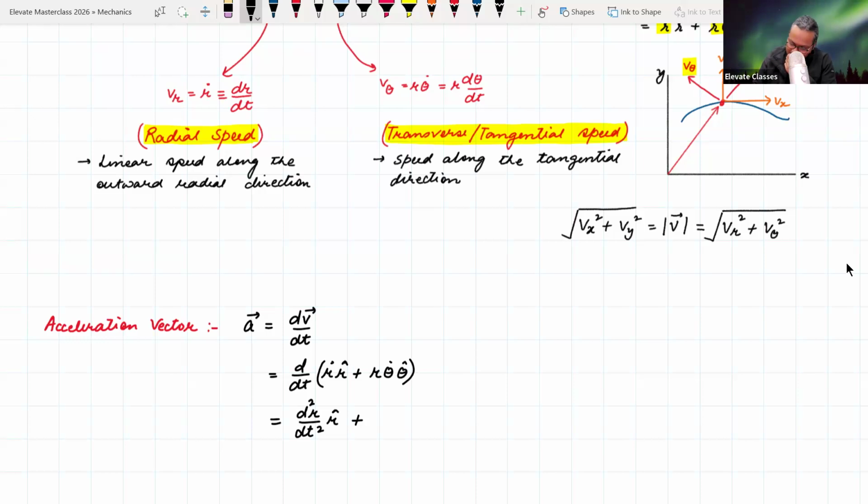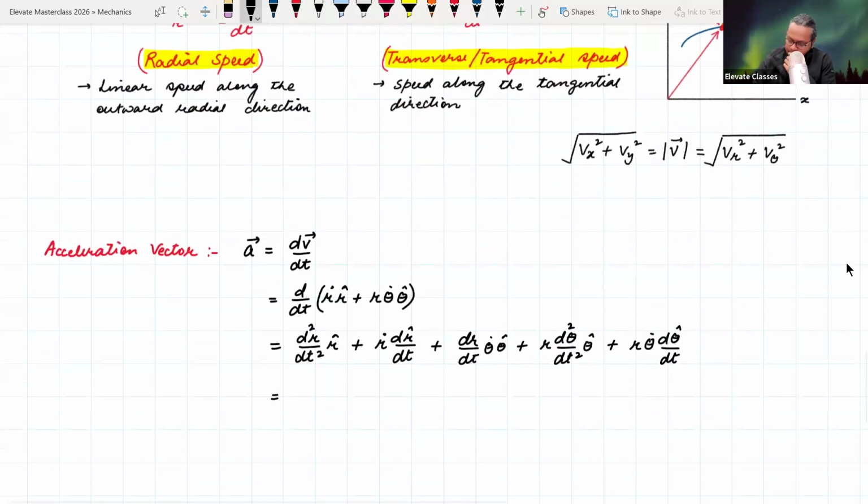Plus r dot d r cap upon dt, plus dr upon dt theta dot theta cap, plus r d2theta upon dt2 theta cap, plus r theta dot d theta cap upon dt.